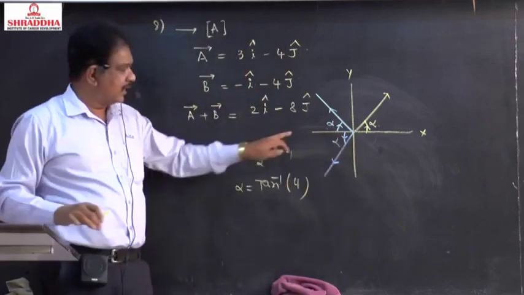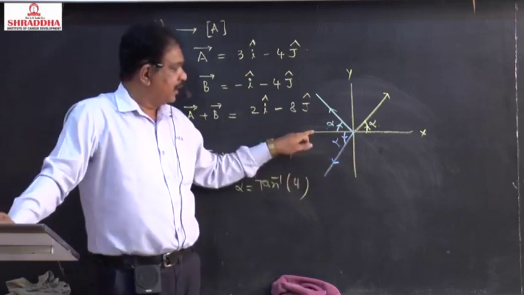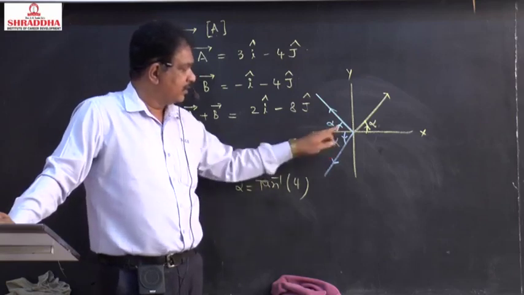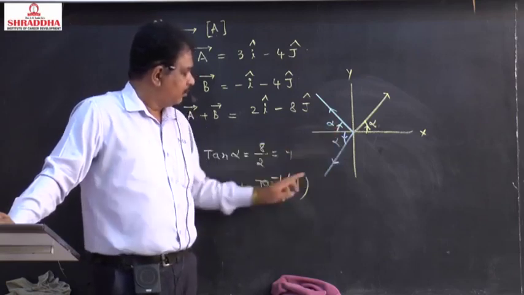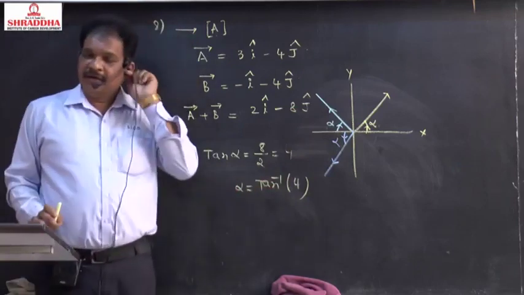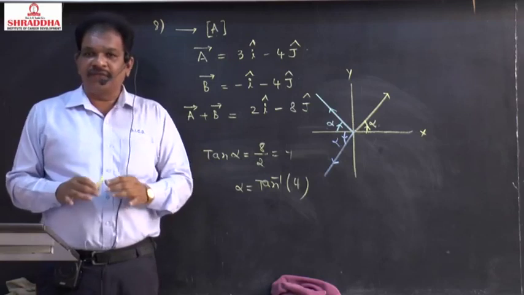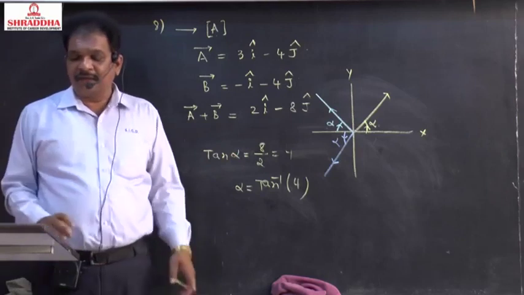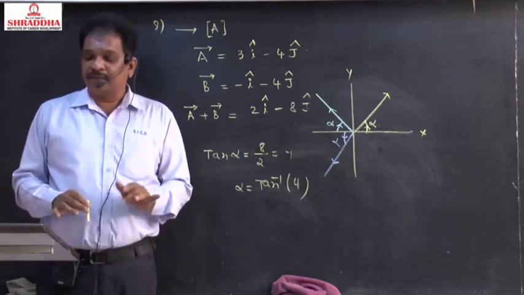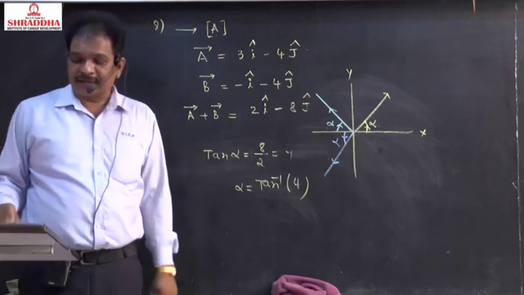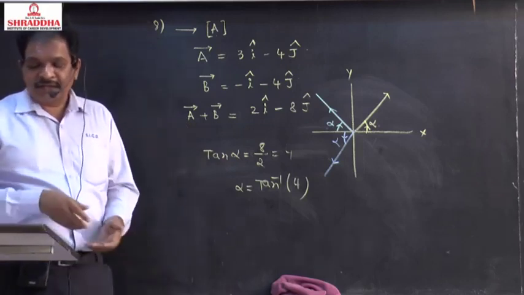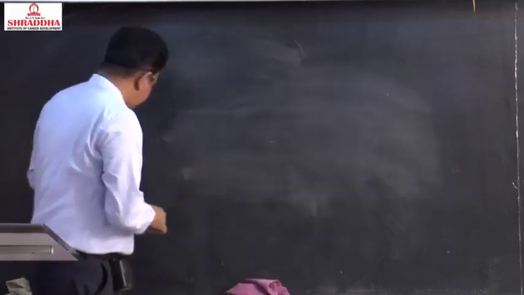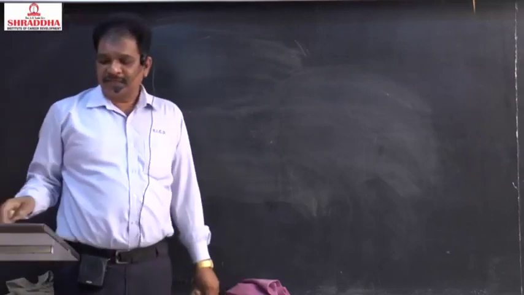With the negative x-axis, in anti-clockwise direction, by angle tan inverse 4. Depending on the position of the vector, that will change. Here the answer is tan inverse 4 with the positive x-axis in clockwise direction. That is the question.